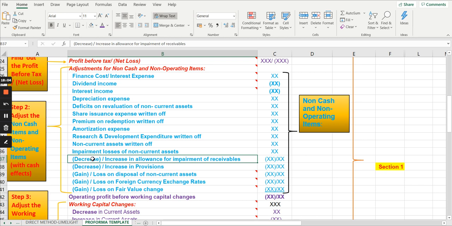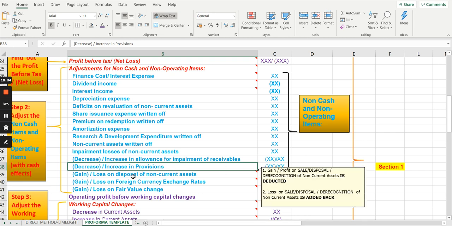This is, for example, for the impairment of receivables, where there was an increase in the estimated percentage considered uncollectible. That one is under IFRS 9. Decrease or increase in provision, like in the case of IAS 37, if it's an increase, it will be added back. Decrease, it will be deducted.